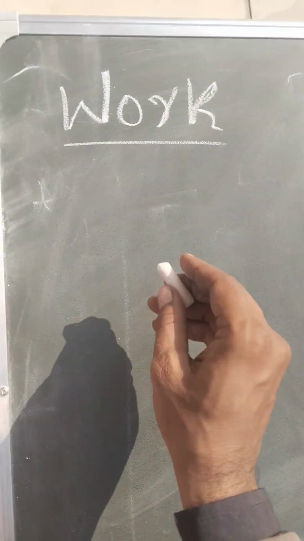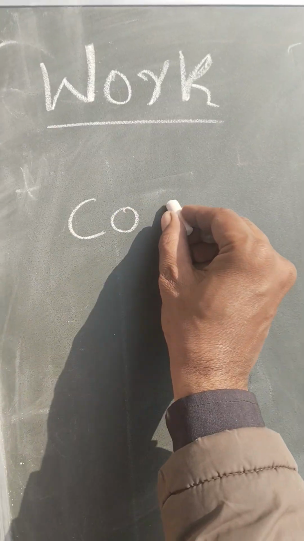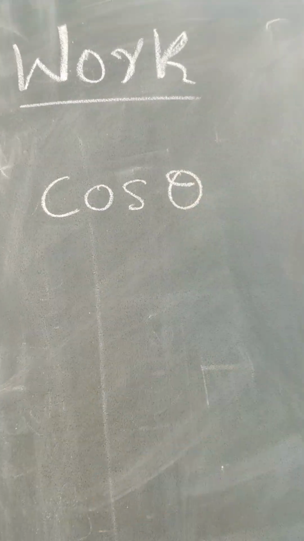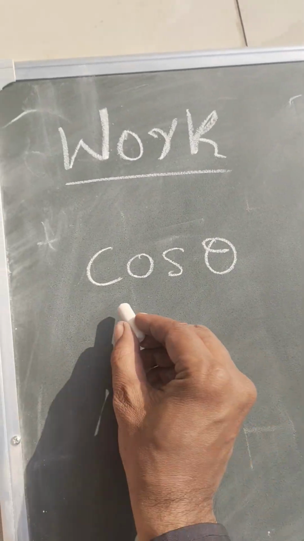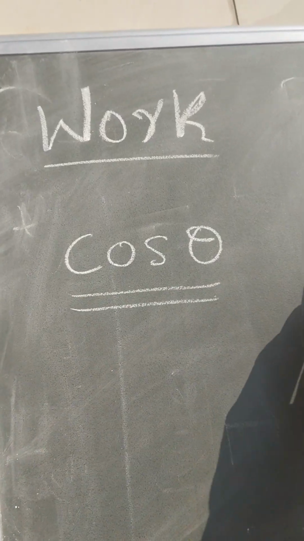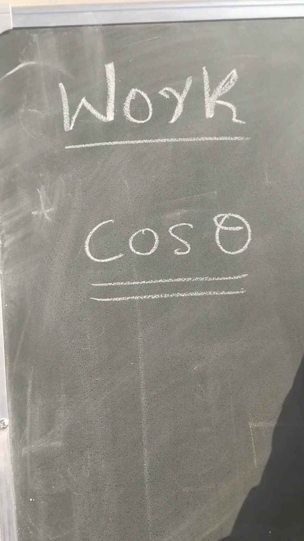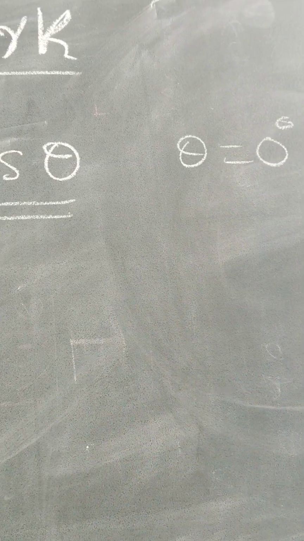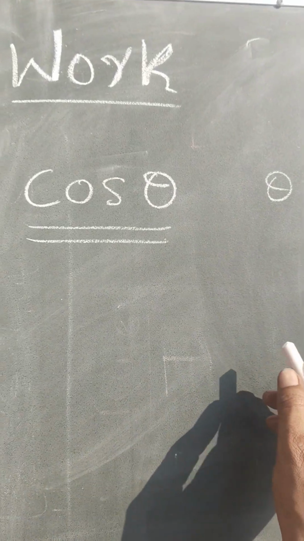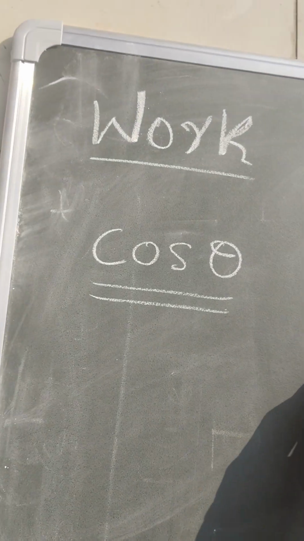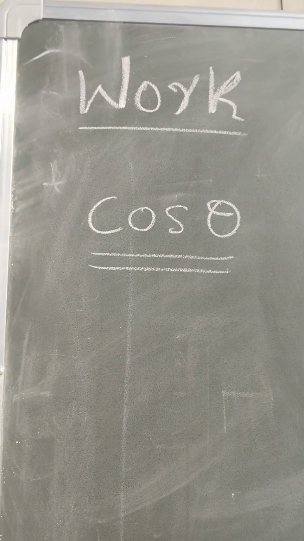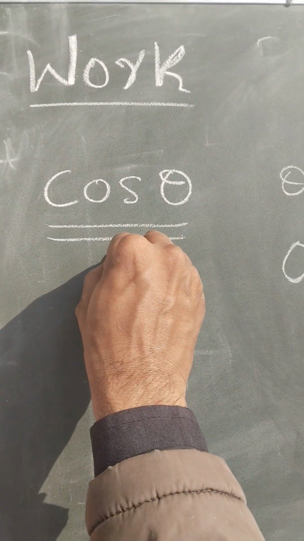Let me give you how work is positive and negative. So let's talk about cos theta. For cos theta, at theta equals 0 degree, the value of cos theta is 1.